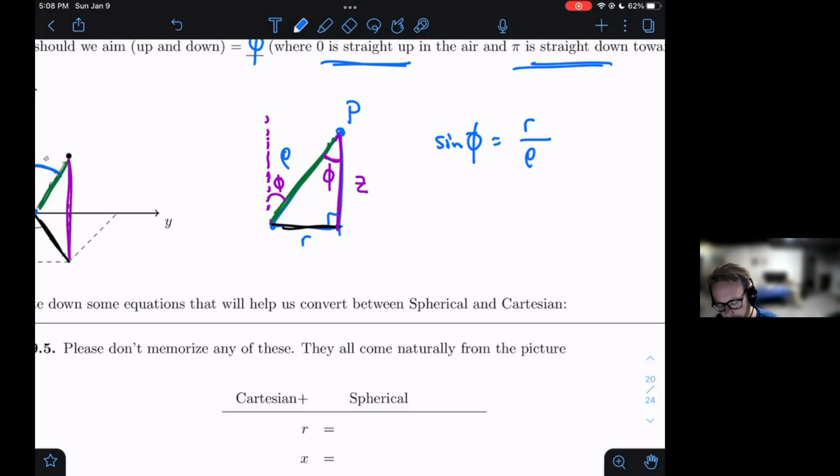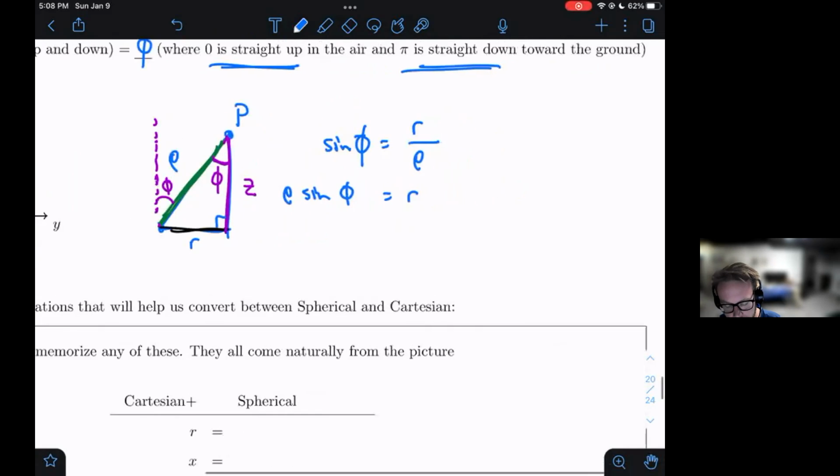So we can write that r is equal to rho sine phi. And then for cosine of phi, cosine is adjacent over hypotenuse. Adjacent to phi is z, and the hypotenuse is still rho. If we rearrange these, we get z is equal to rho cosine phi.